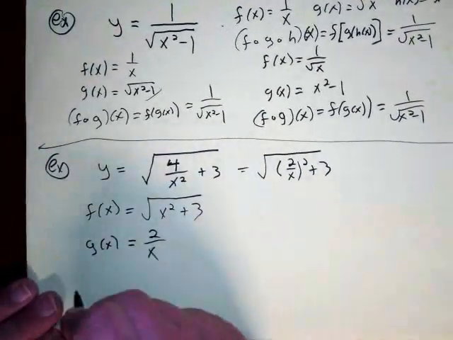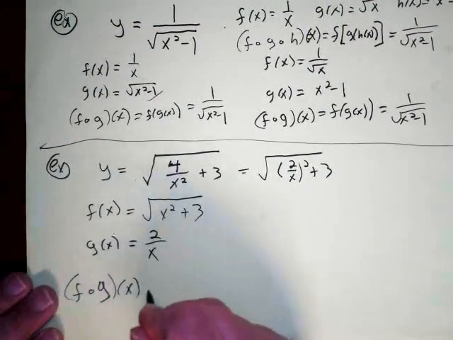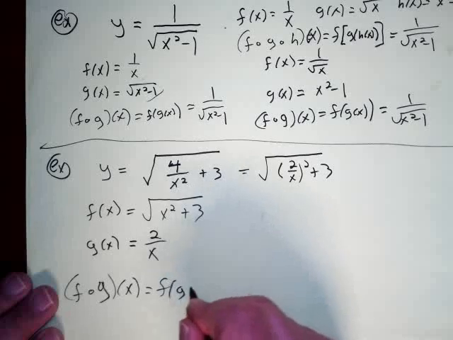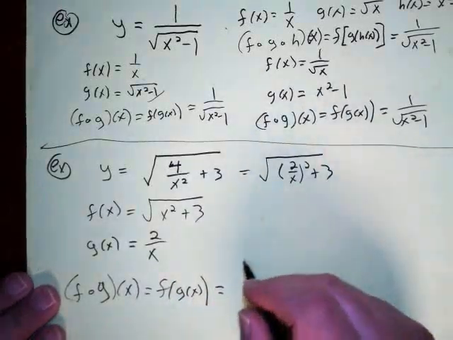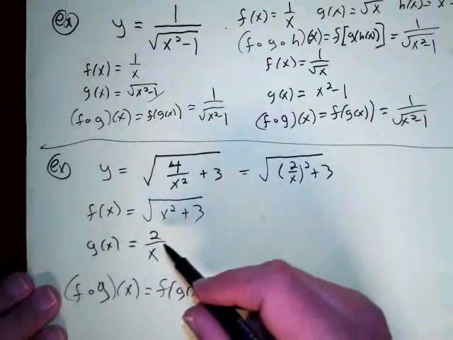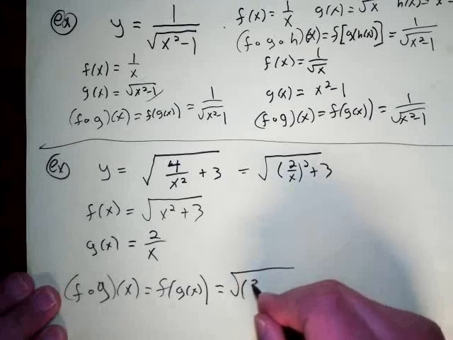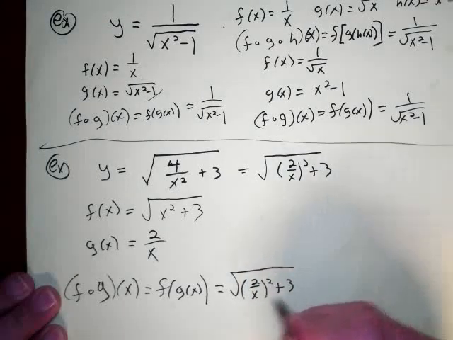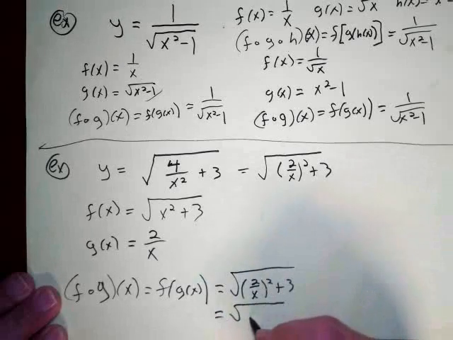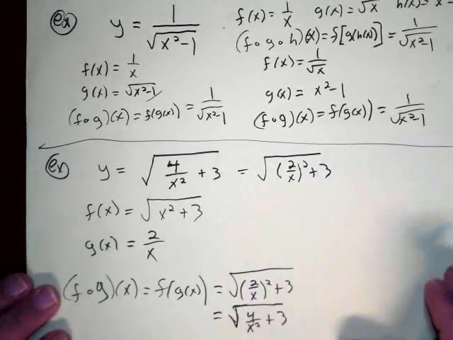Then I have f of g of x, and that would be placing this inside there, which would be like this, which would equal 4 over x squared if I square the top and bottom. So that would be one way of doing it.